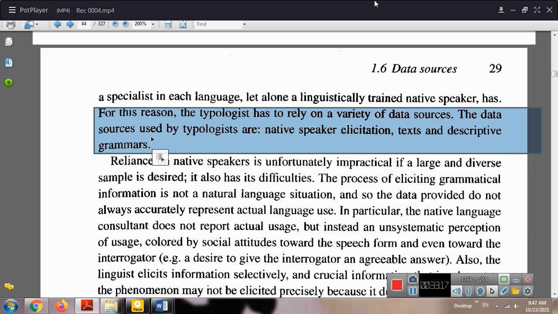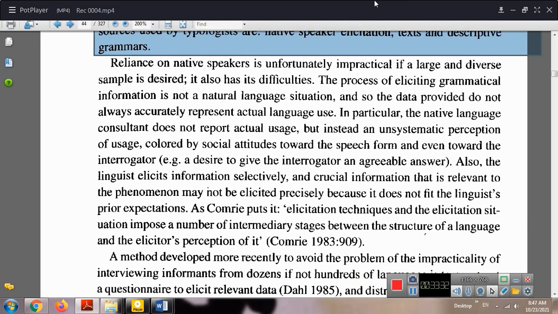Okay, dear student, because of this limitation, we have 3 data sources in typology, which is native speaker elicitation, text, and descriptive grammar. This is important, and we will read about all of them in details.